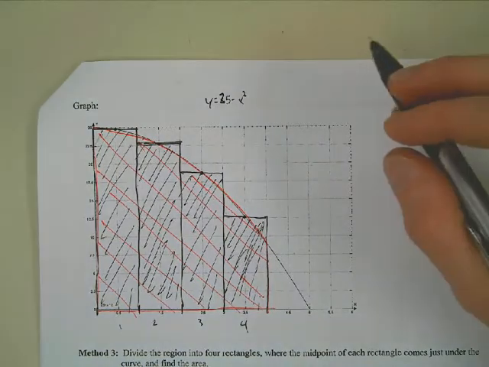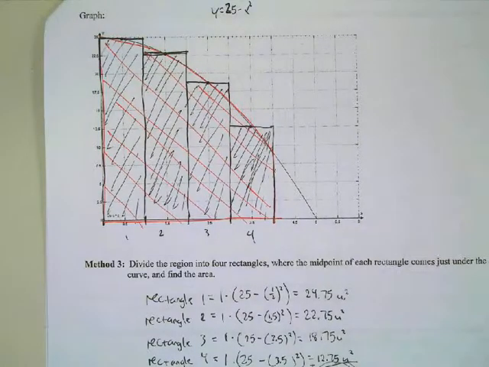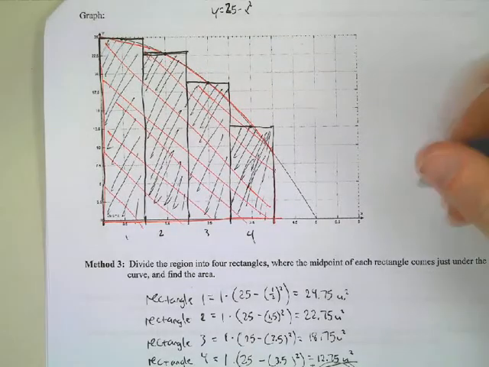But let me give you the actual area. Ready for this? Here's the actual area. I'm not going to show you how to do it just yet. It's 78.6 repeating. So it's slightly over.